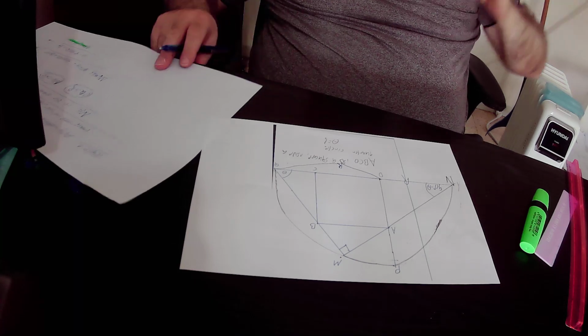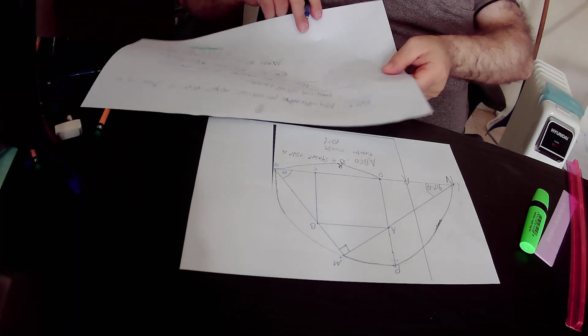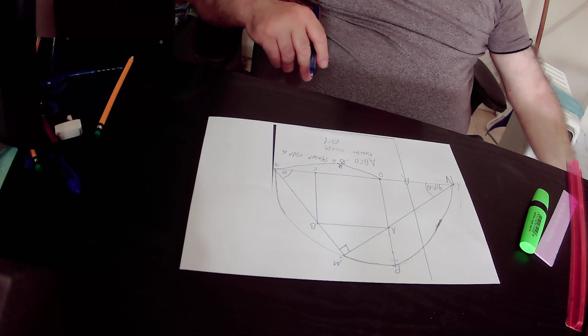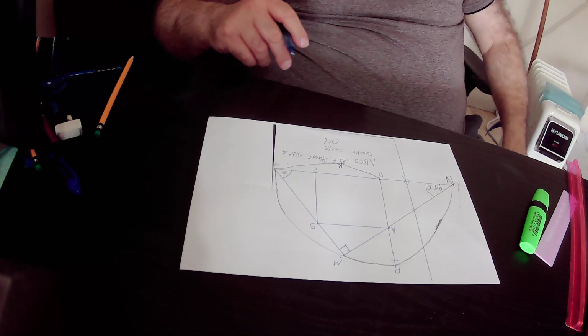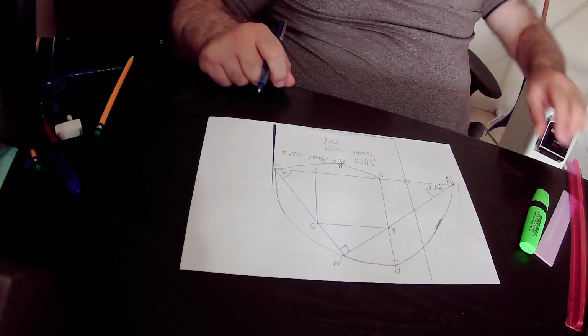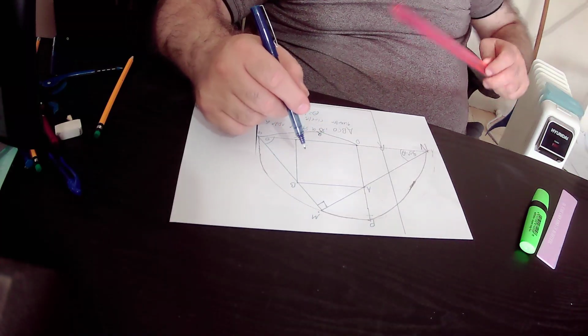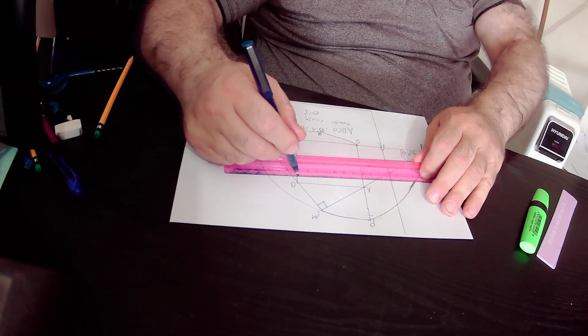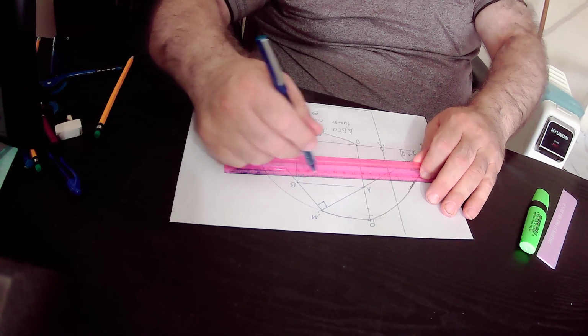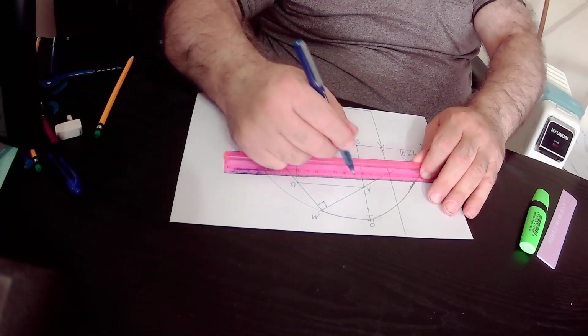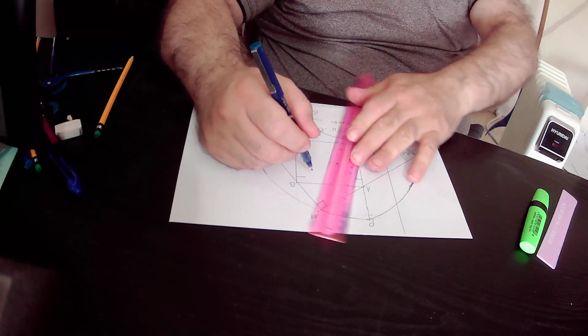And we also know that all the four angles inside the square are right angles. So in square ABCD all the angles are equal to 90 degrees. So we can draw here four right angles.